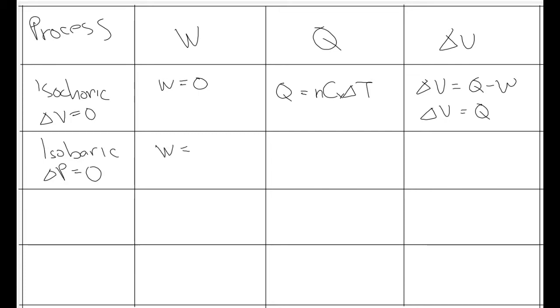Work is equals to P delta V, or work is equals to pressure times the change in volume. Also, we can also use this equation. Work is equals to N R delta T.